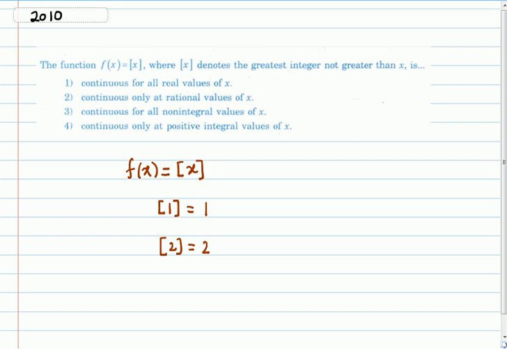But between 1 and 2, in that interval, it is constant, hence continuous. Therefore it is not continuous for all real values, so option A is wrong. Is it only continuous at rational values? No, you cannot say that either. It is only continuous at positive integer values is also false. Hence the only option is for all the non-integral values, that is, all the decimals.